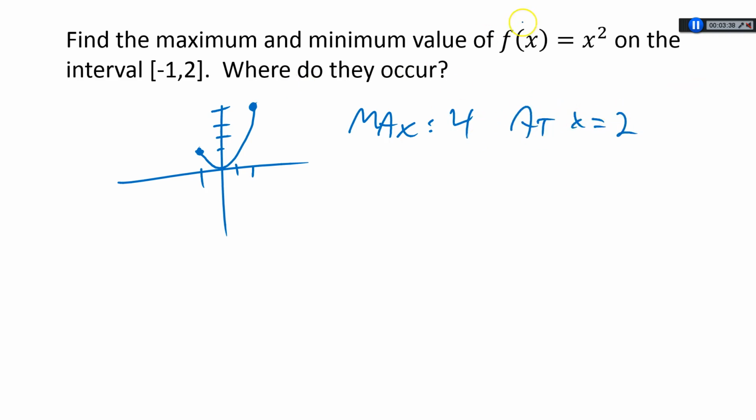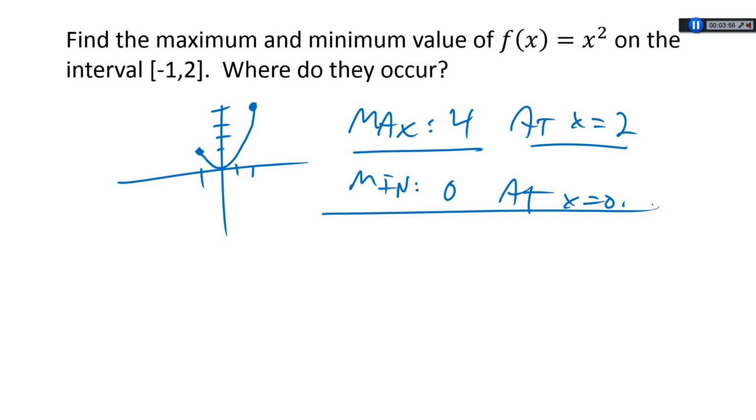This is important, right? Things happen at x coordinates, and the values are y coordinates. The y coordinate is the actual maximum value, and x equals 2 is like your roadmap to tell you where it happens. Our minimum looks like it is 0, and it happens at x equals 0.